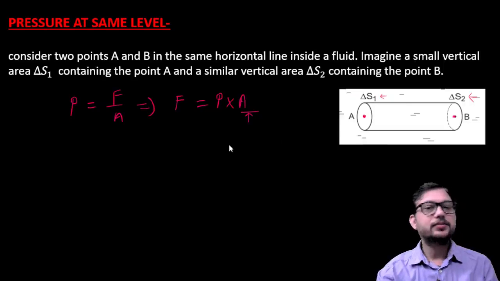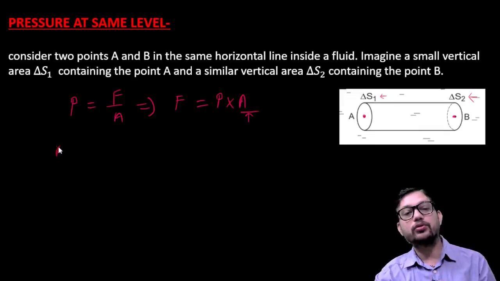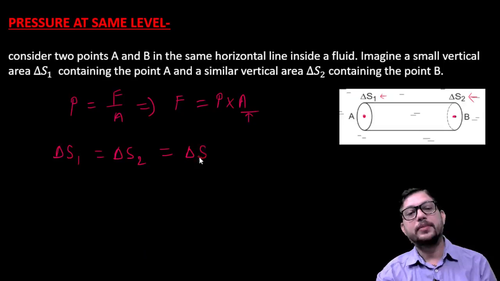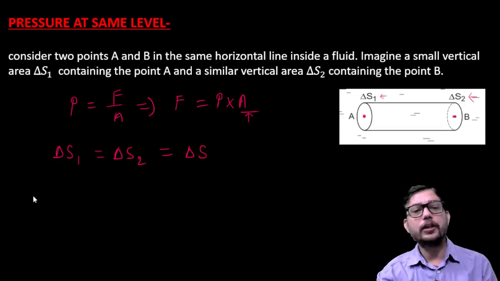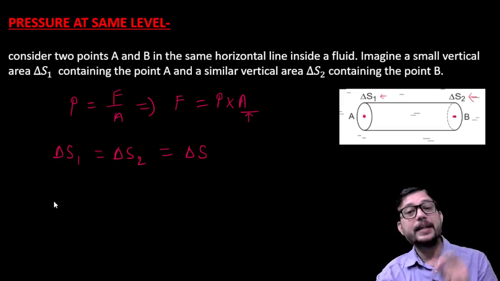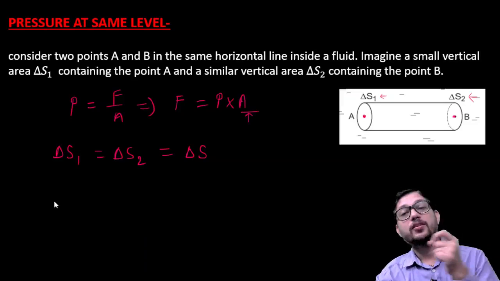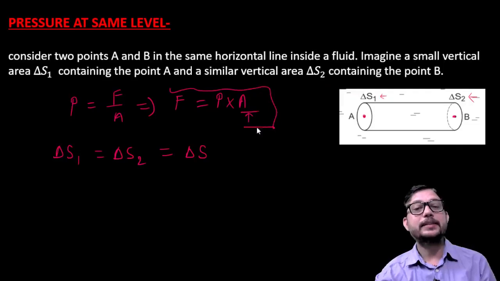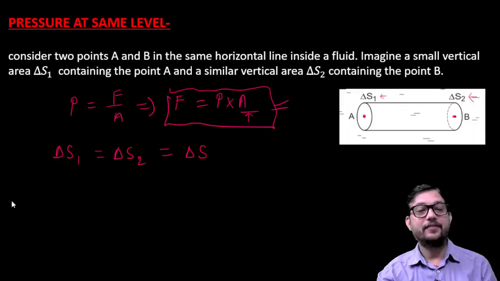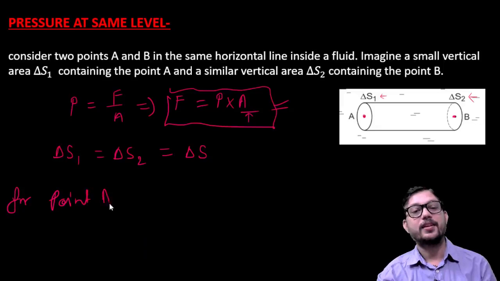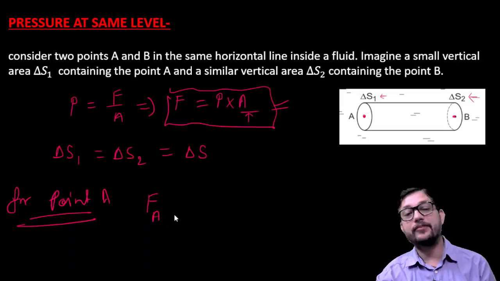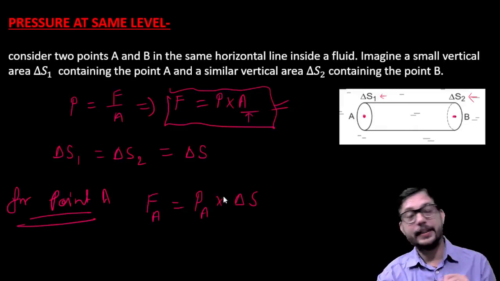In the very previous lecture I told you that delta S1 and delta S2 are taken as equal, and that becomes delta S. So for the force at point A, using the basic formula, the force Fa will be the pressure Pa into delta S, because delta S1 and delta S2 are equal. Let this be equation number one.